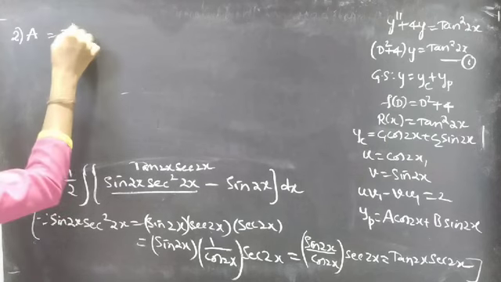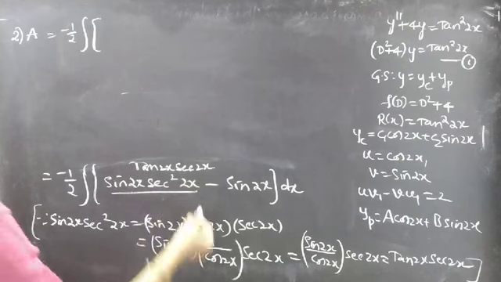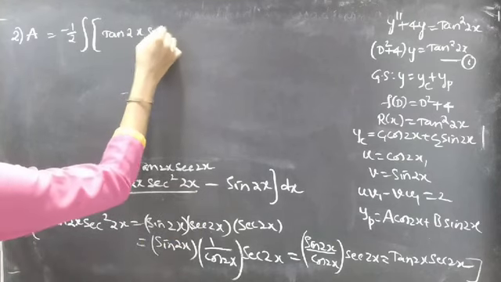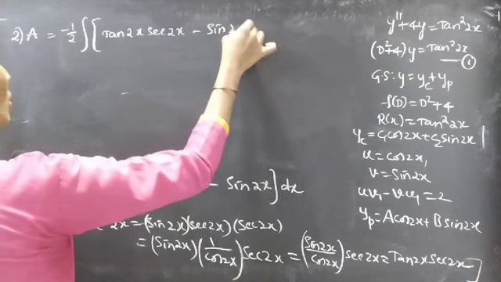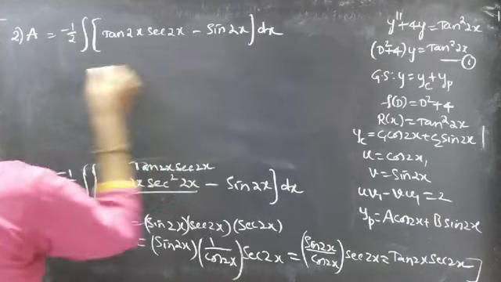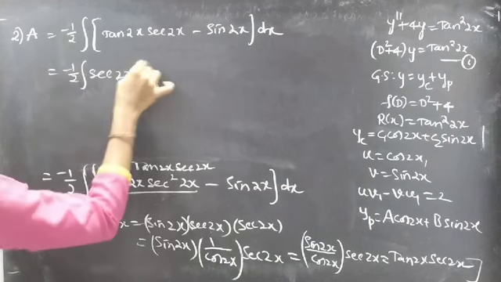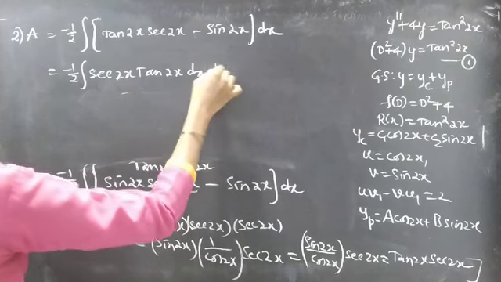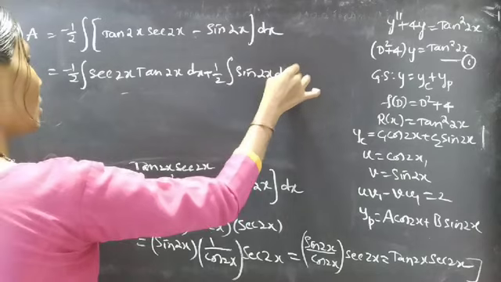This becomes minus 1 by 2 into integral of, replace sin 2x into secant square 2x with tan 2x into secant 2x, minus sin 2x into dx. This is equals to minus 1 by 2 integral secant 2x tan 2x dx, minus into minus plus 1 by 2 integral sin 2x dx.